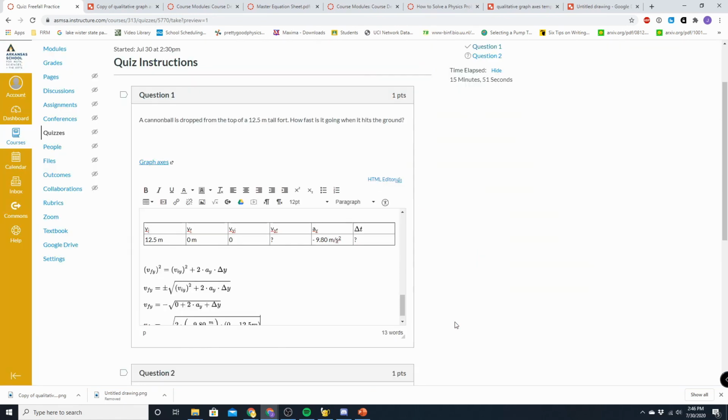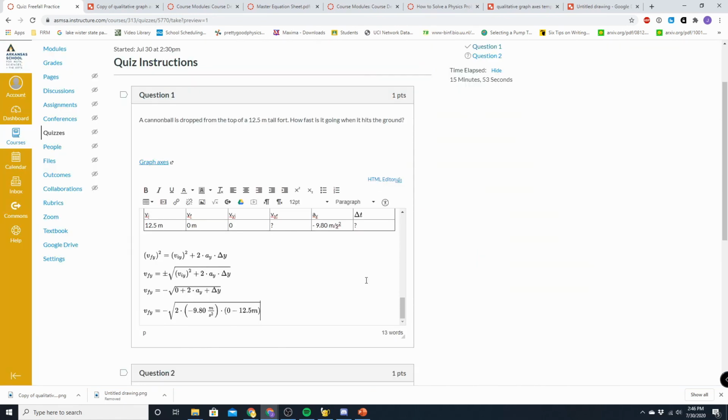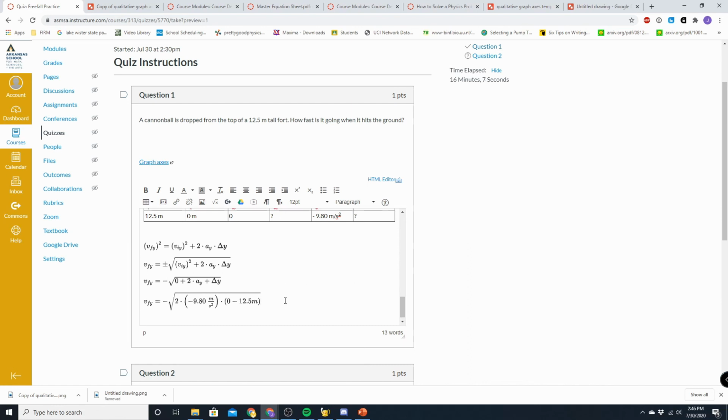So now we can just get out a trusty calculator and figure out what the number is, and the number equals 15.7 meters per second.